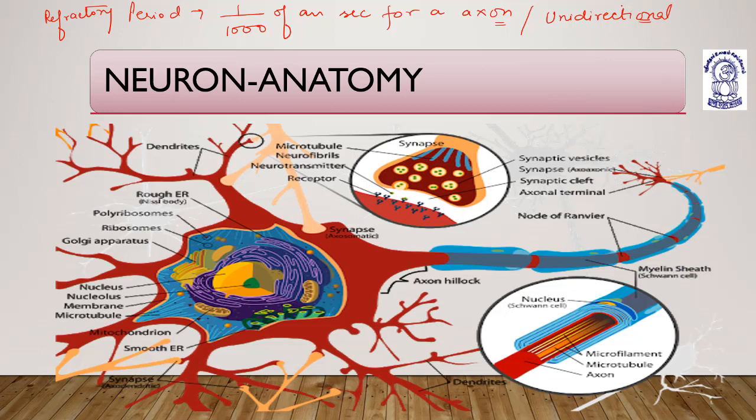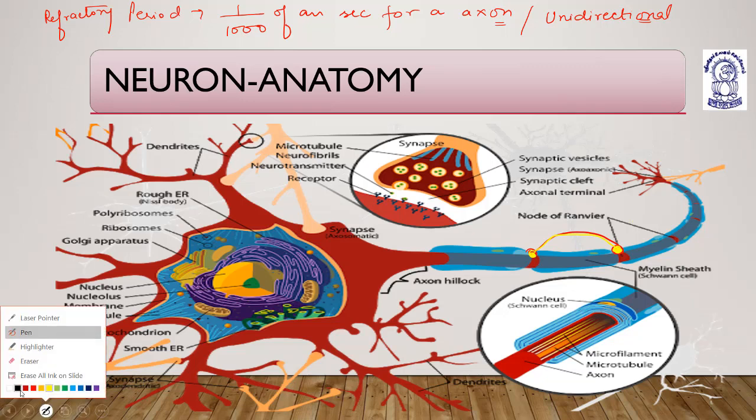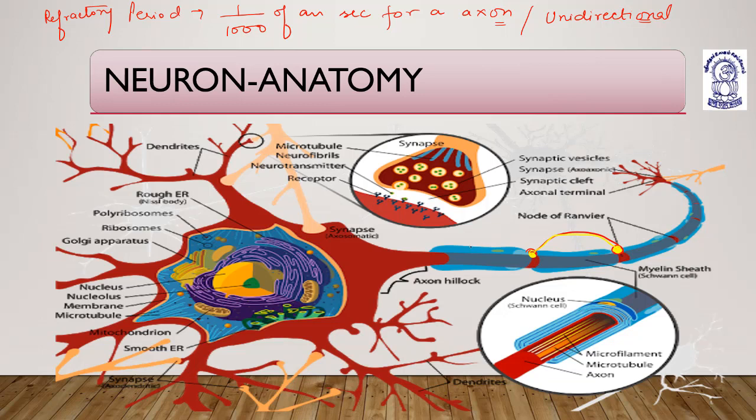Unidirectional conduction. Here you can see that we have nodes of Ranvier. Conduction through nodes of Ranvier is known as what? Saltatory conduction. This conduction is fast. The myelin sheath is made up of a fatty tissue layer, which is a non-conductor or insulator.